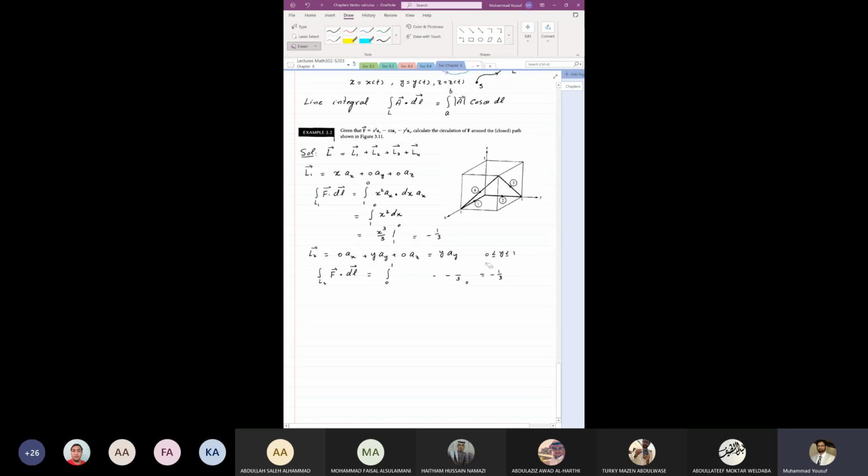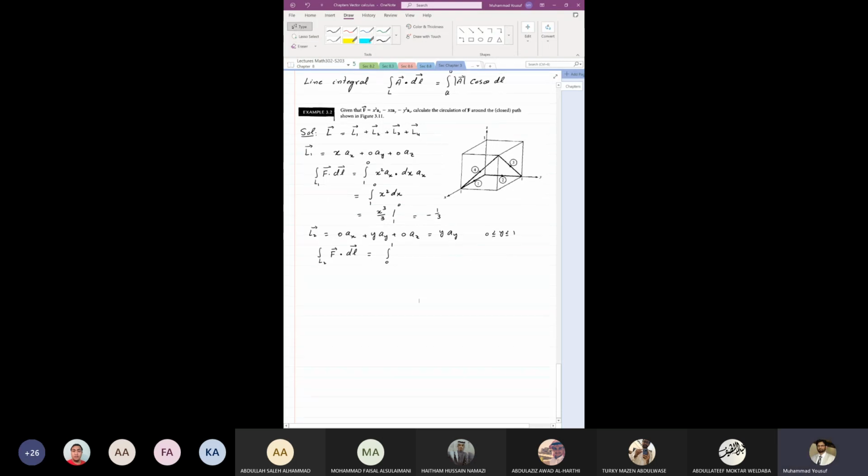Here, yes. From the vector field, if you put x equal to 0 and z equal to 0, then you get negative y square az. I didn't make a note of this one. Dot dl is dy, that is dl2.